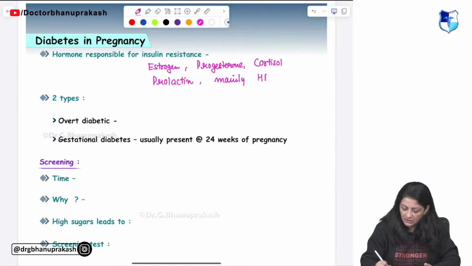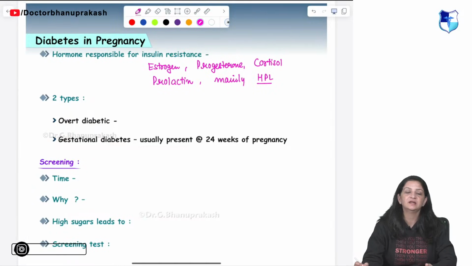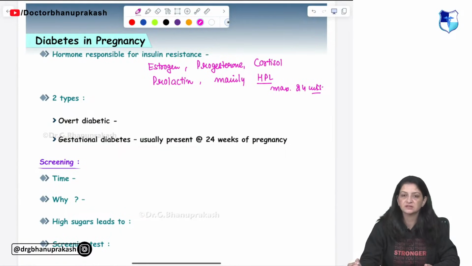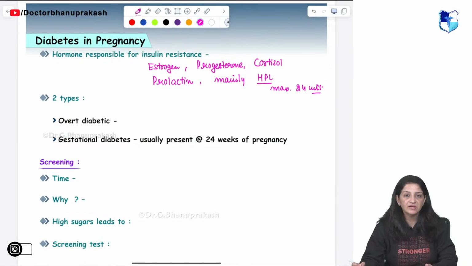That is HPL, human placental lactogen, maximum at around 24 weeks of pregnancy. 24 weeks of pregnancy maximum.